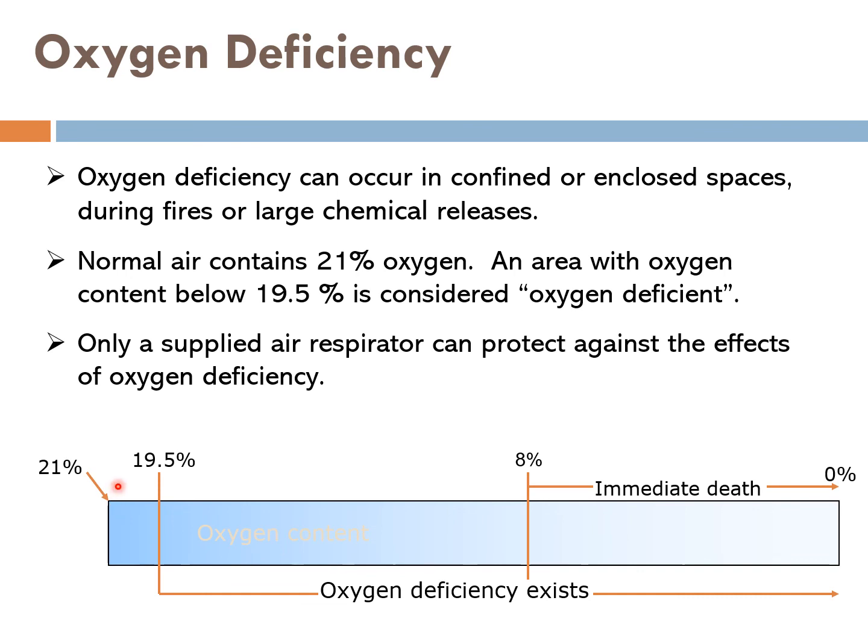An area showing 19.5% or lower is oxygen deficient, where we need respirators and other equipment. And if the oxygen falls from 8% to 0, this is a dangerous area, where of course immediate death happens. In the zone between, there is survival, but of course it needs certain protective equipment or maybe oxygen sources. So this zone is very important.